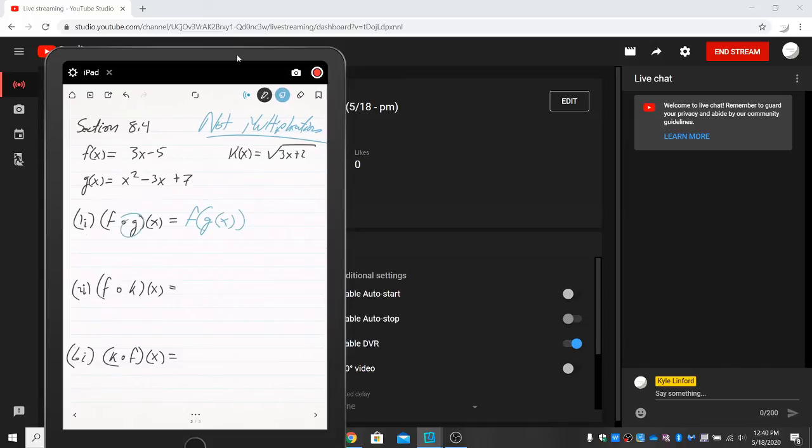This is your inner function. This is your outer function. I guess I can write that down. Outer, and the inner.